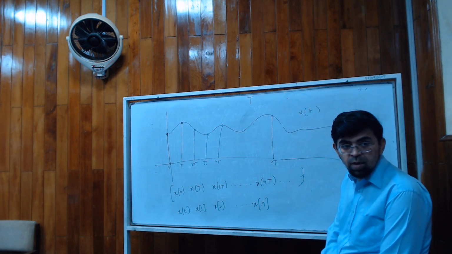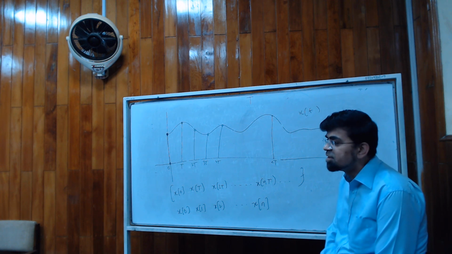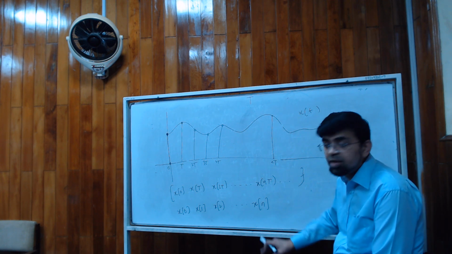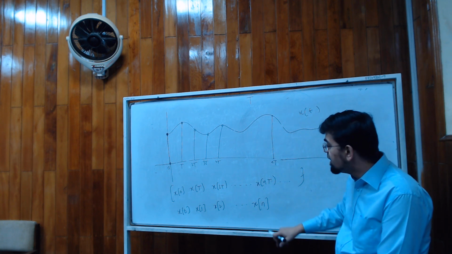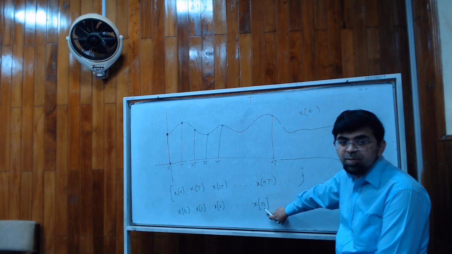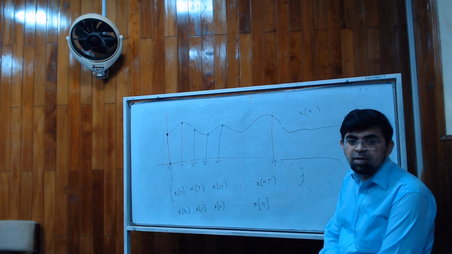We just index it. n is the index now. But what you have to keep in mind is that n alone has no meaning. It's not the actual time. What time is running at n?